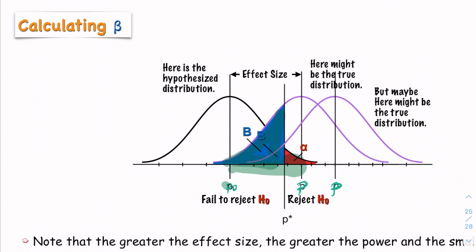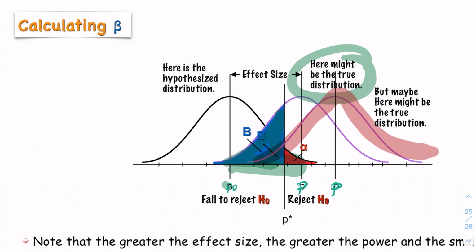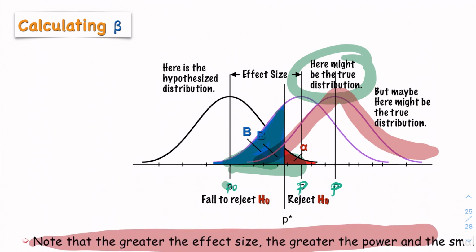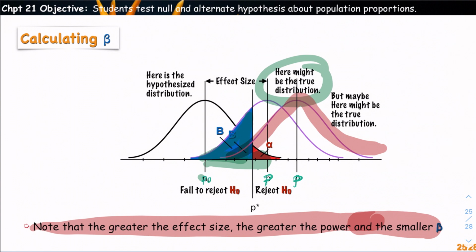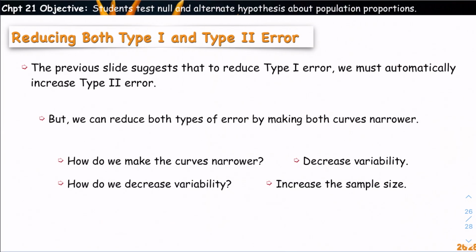Here is our effect size. Here's where the true distribution might be, but we also could have another one. And this is the hard part when we don't know everything. The greater the effect size, the greater the power, and the smaller the beta value. Because the greater the effect size is moving the curve further to the right and having less beta inside where I'm going to reject the null.